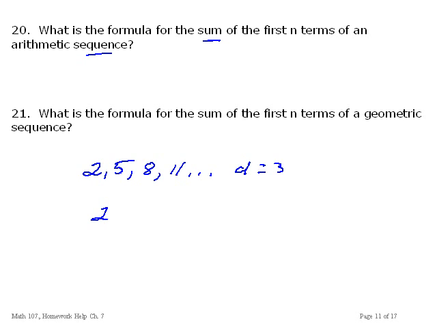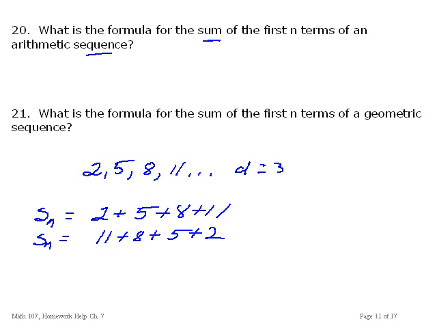2 plus 5 plus 8 plus 11. This is also the sum over the first 4 terms. 11, 8, 5, and 2 would give you the same answer, right? You can add them forwards, or you could add them backwards. Now let's add these two together. Over here I'll have 2 sums, right, if I add them together.